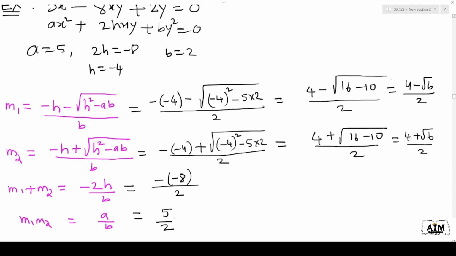So the value of m1 equals 4 minus root 6 upon 2, and the value of m2 equals 4 plus root 6 upon 2. Now the sum of the slopes m1 plus m2 equals 8 upon 2 equals 4, and the product of the slopes equals 5 by 2. So this way we can find m1, m2, the sum of the slopes and the product of the slopes.